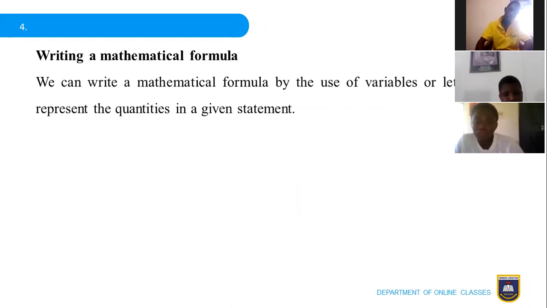We can write a mathematical formula by the use of variables or letters to represent the quantities in a given statement. Write that. Amujuno, are you writing?